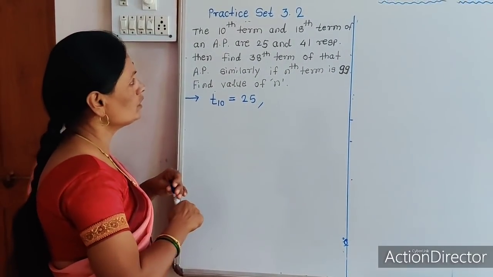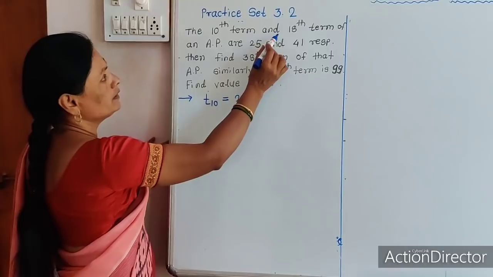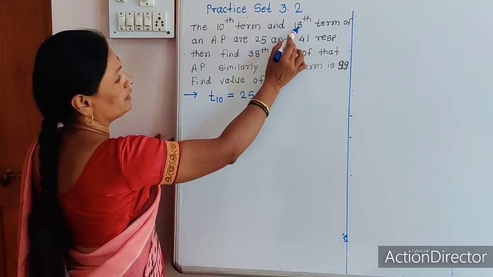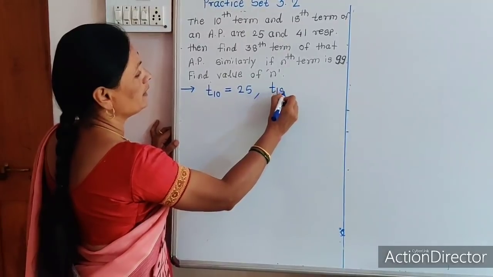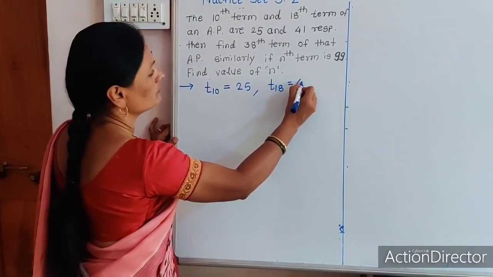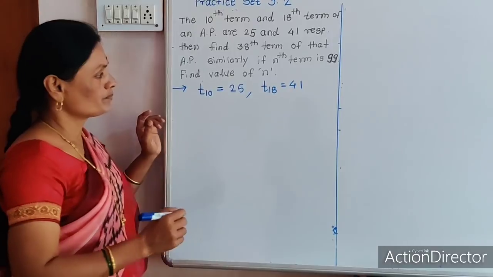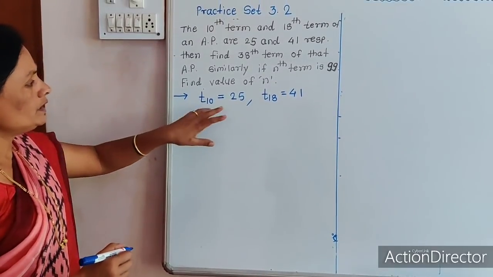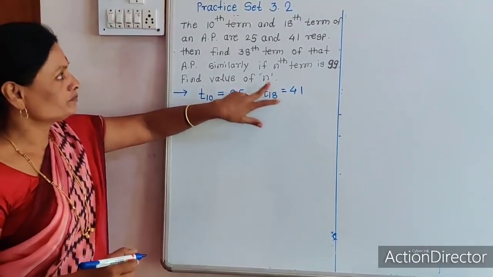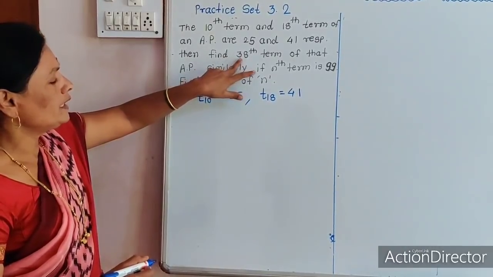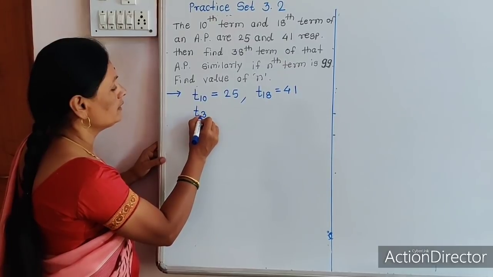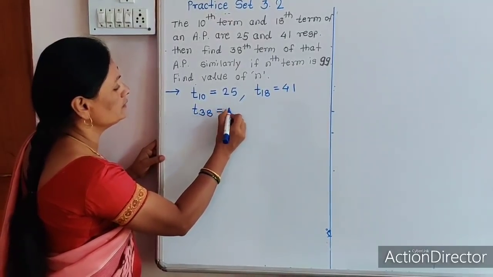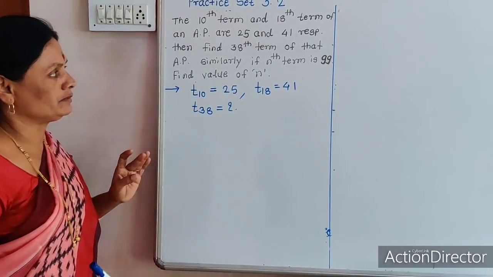And also we have given the 18th term. The 18th term is 41. Therefore, T18 is equal to 41. Only these two things are given. Then find the 38th term, that is, we have to calculate T38 is equal to question mark.